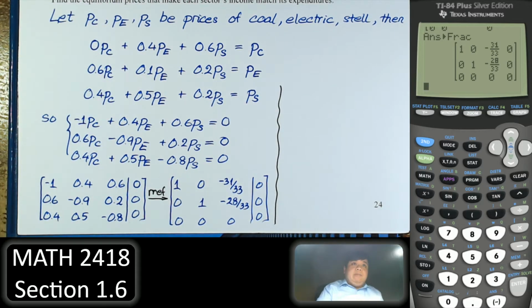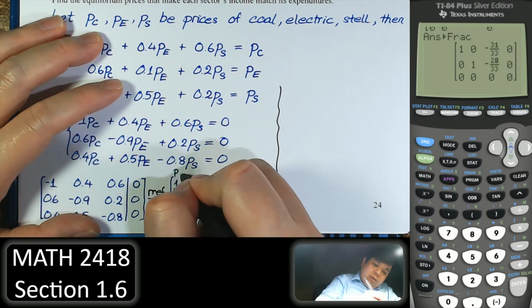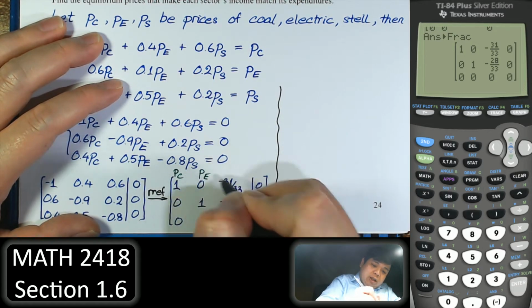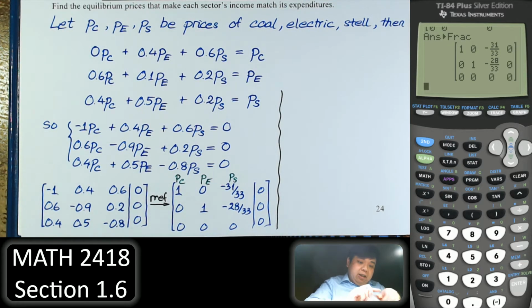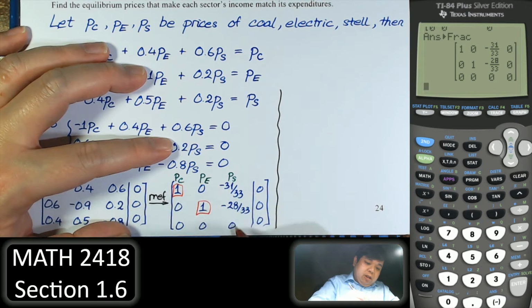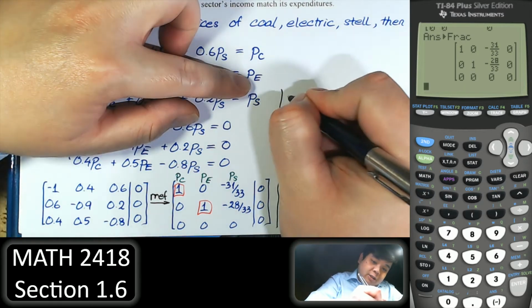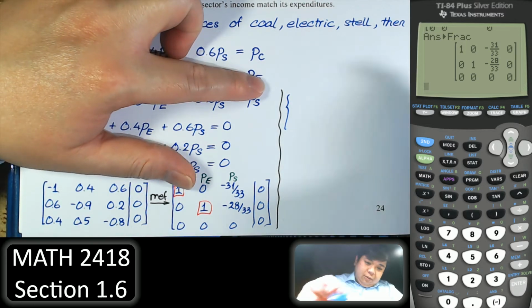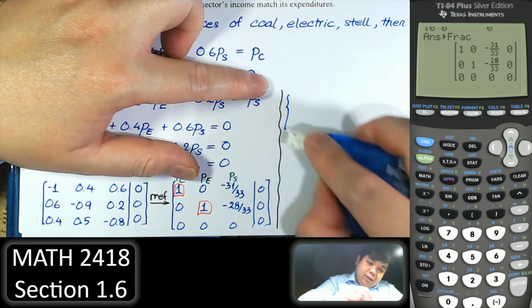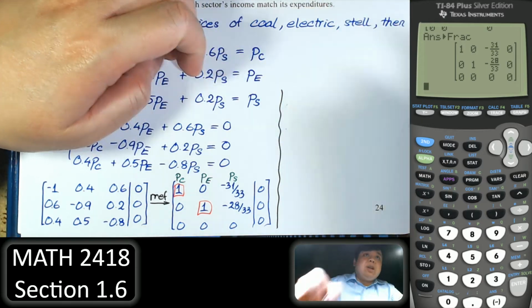Right, we continue here. Of course, here we have the price of coal, the price of electric, and the price of steel. So we have the pivot of the first two columns, so the price of steel is going to be arbitrary. So we write the solution.